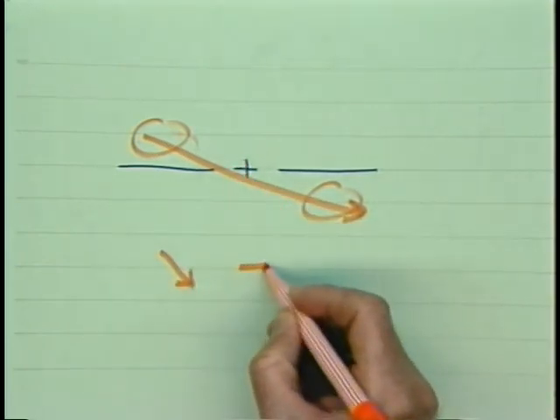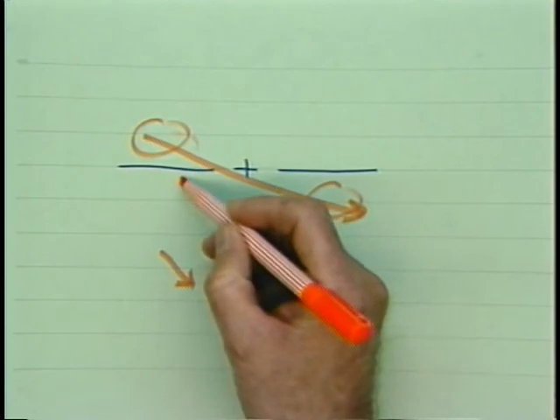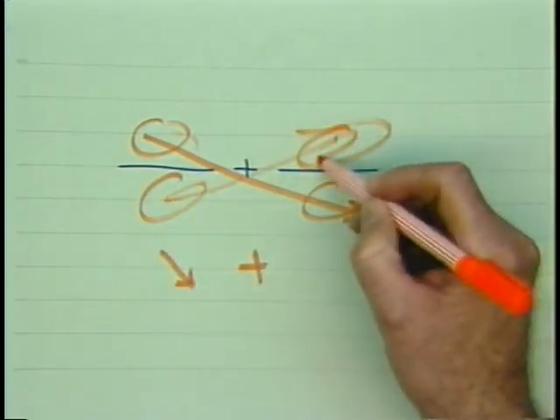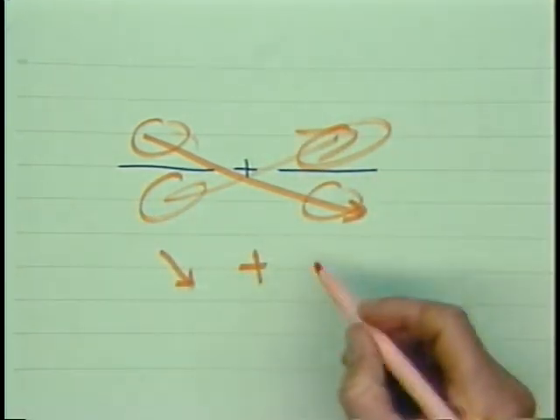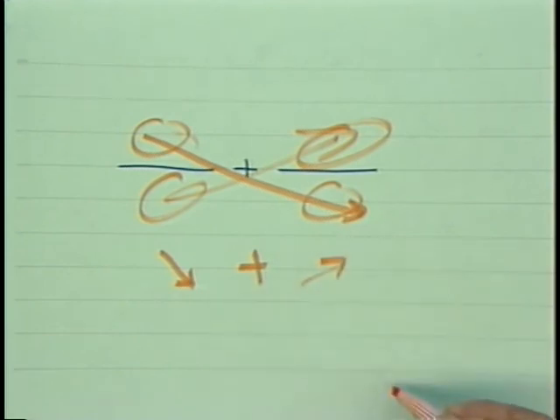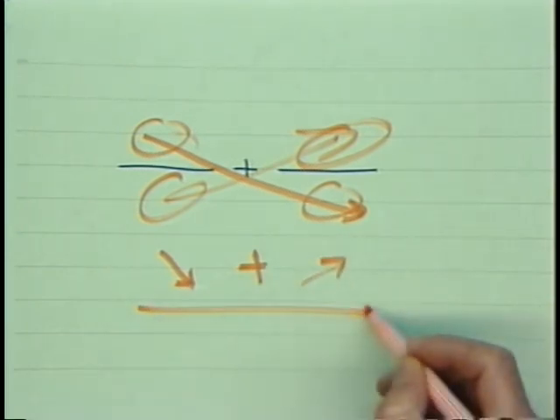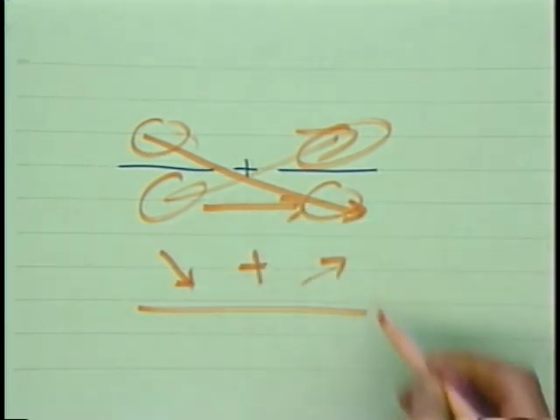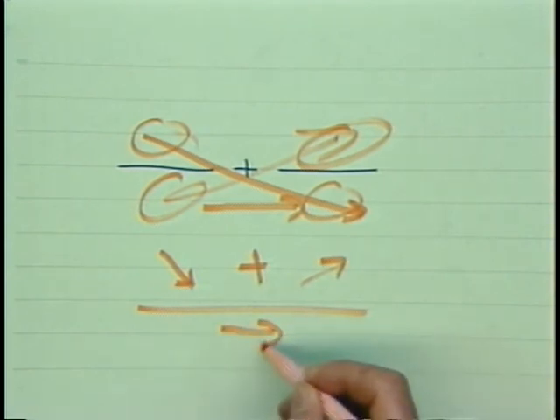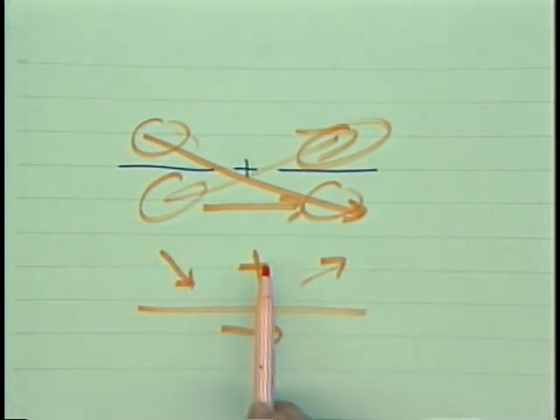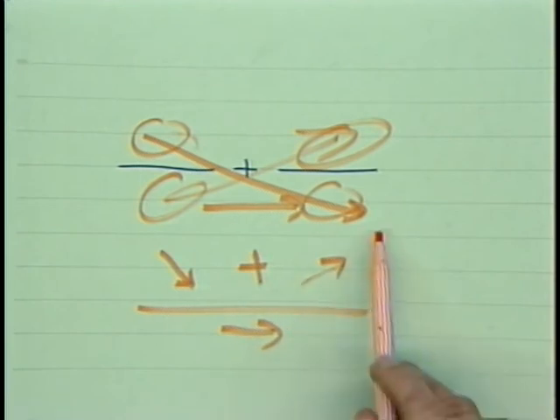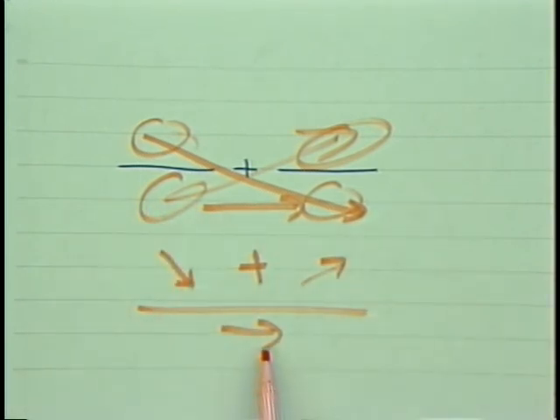Then I'm going to add the product on the up diagonal. And then I write it over the product across. So think down diagonal plus or minus up diagonal over across. And it's just that simple.